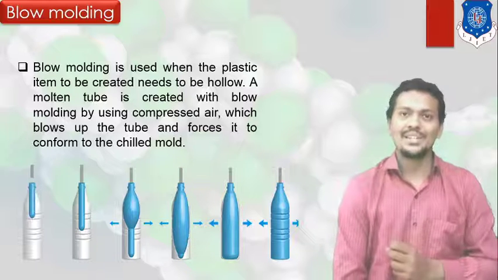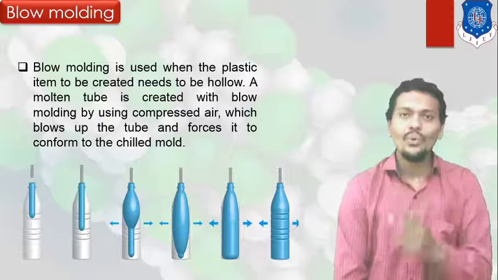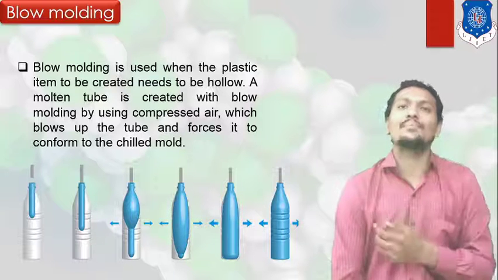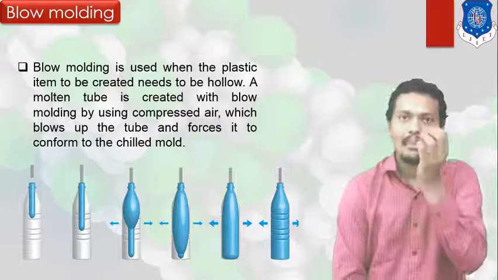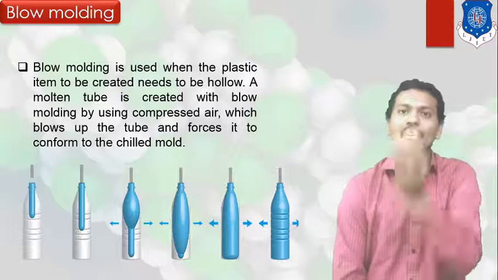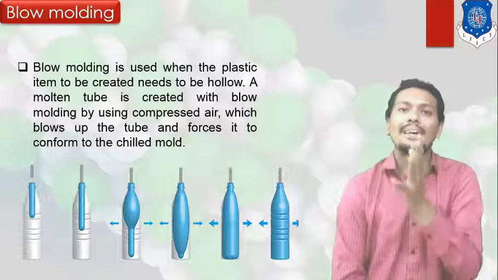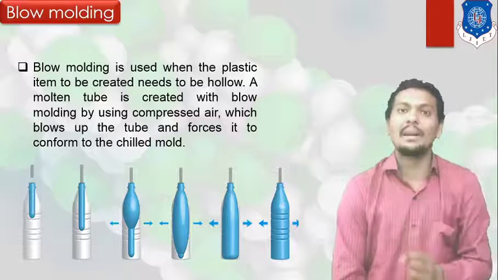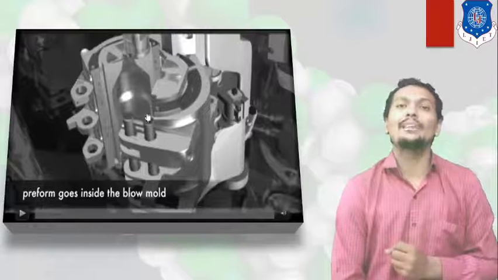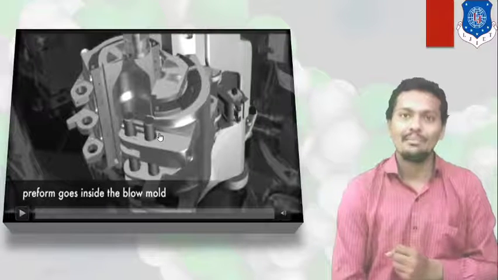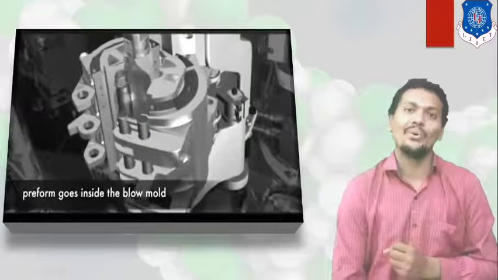Here I mentioned the main view and different steps and process for the blow molding. By blowing the air with the help of some component and arrangement, you can make the plastic bottle, right? How can we make the plastic bottle? Here I mentioned in this video, right?